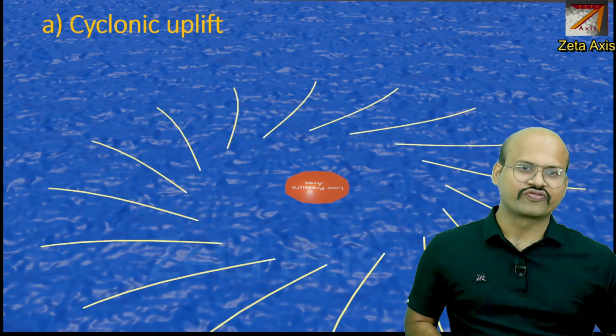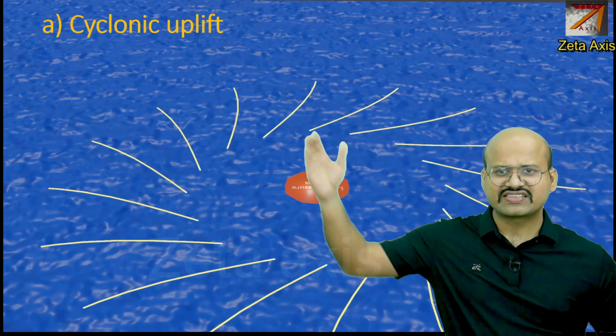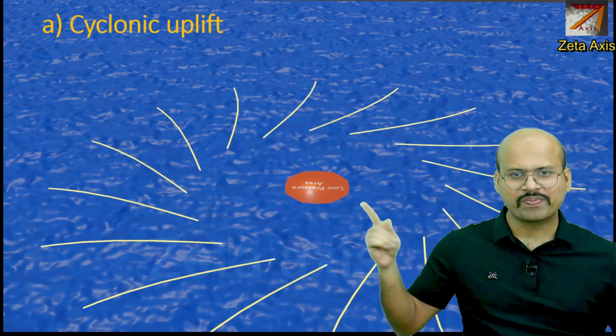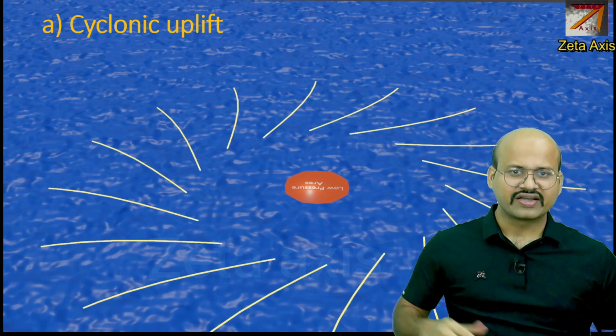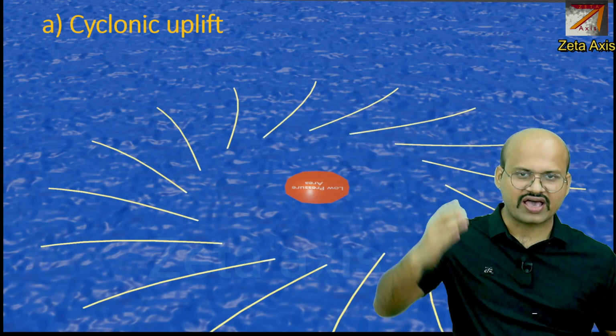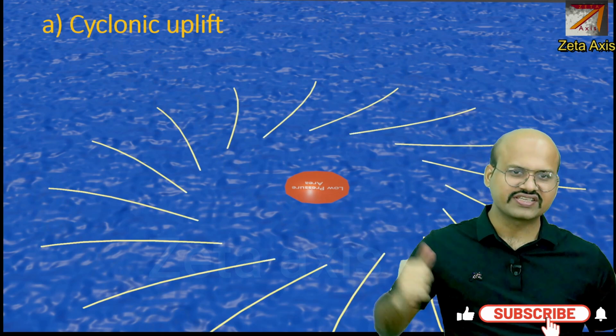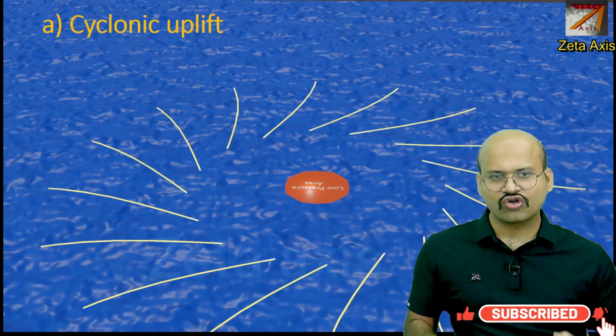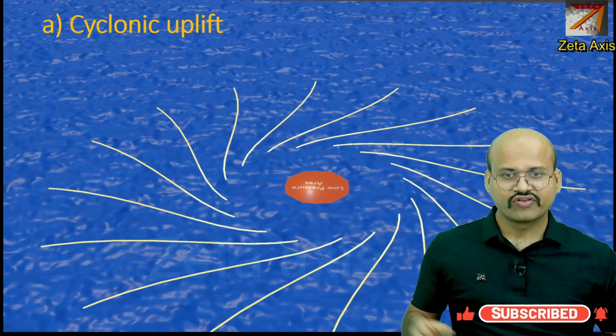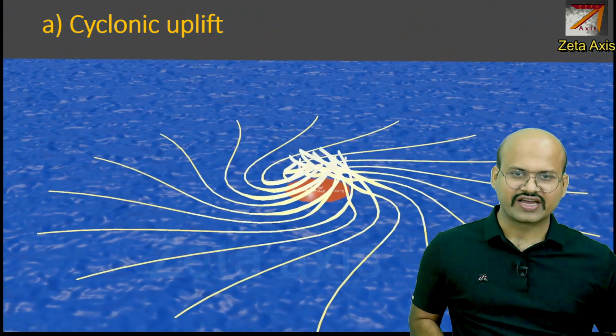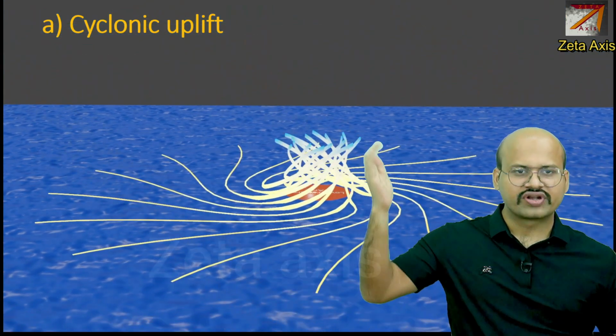The first type of cooling by air upliftment is cyclonic uplift. Here there is a low pressure region in the center and a high pressure region in the surrounding. So air from the surrounding region is moving towards this region. Here basically a cyclone like structure is formed. The air which is moving towards this low pressure area will converge there and start to rise up.